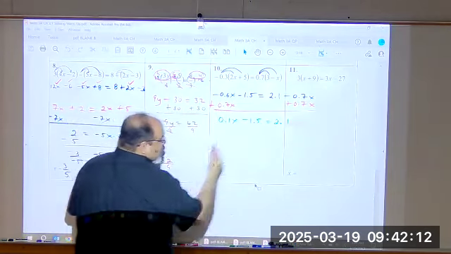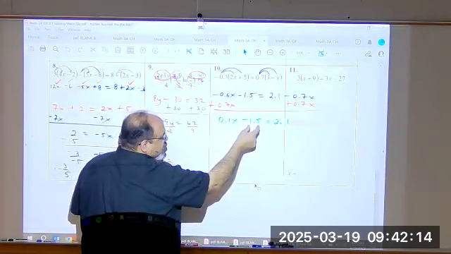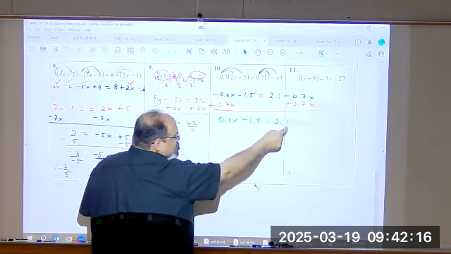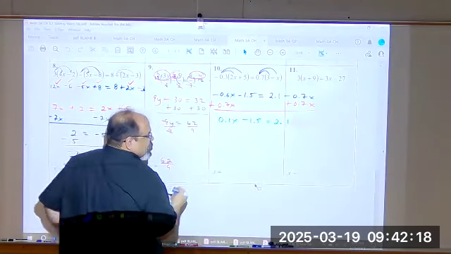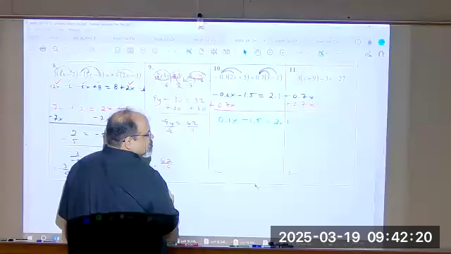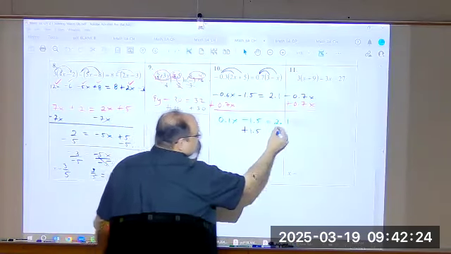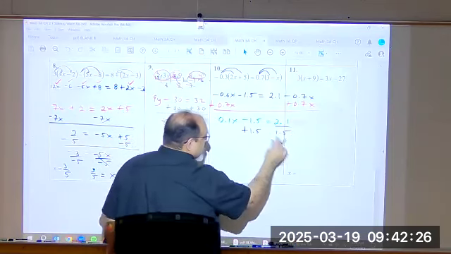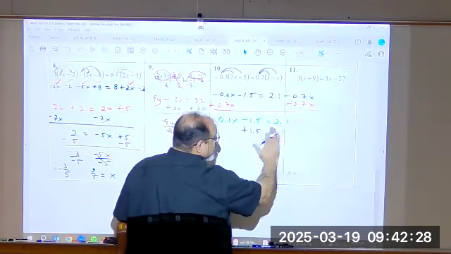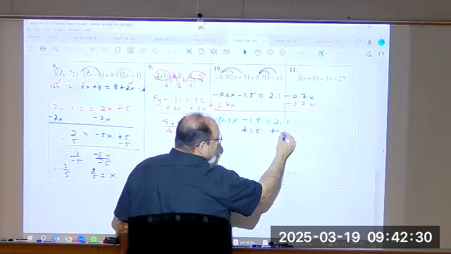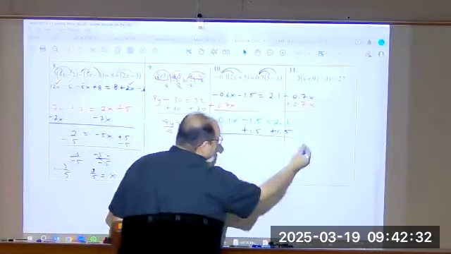So since the x's are on the left, I have to take the negative 1.5 to the right. What do? Add $1.50 to both sides. Not that. That's division. Add $1.50 to both sides.